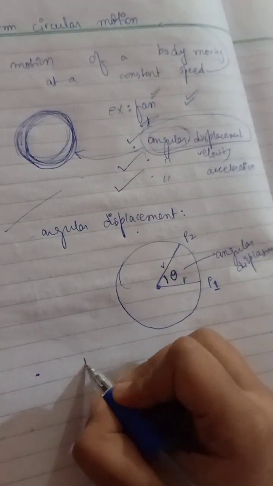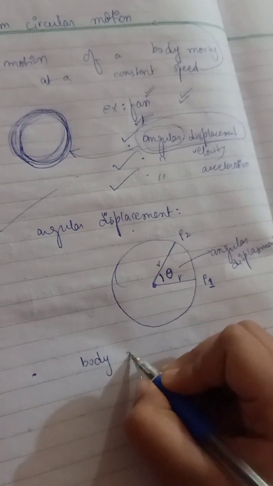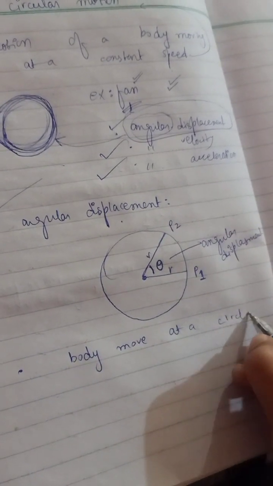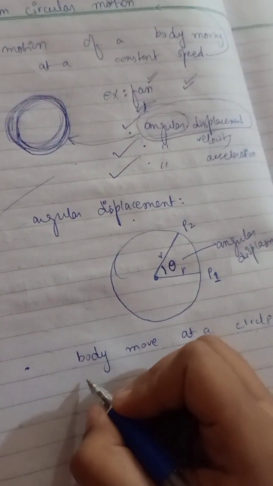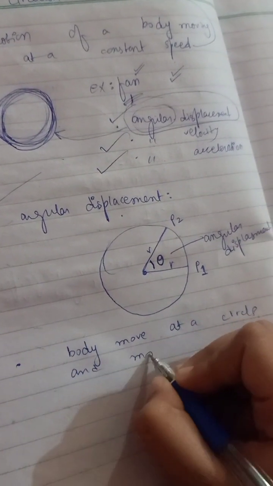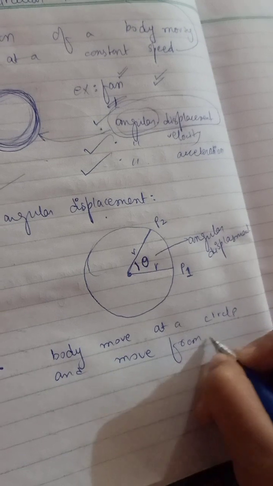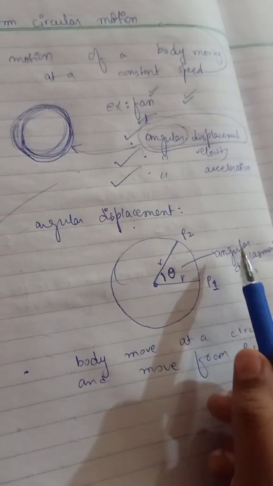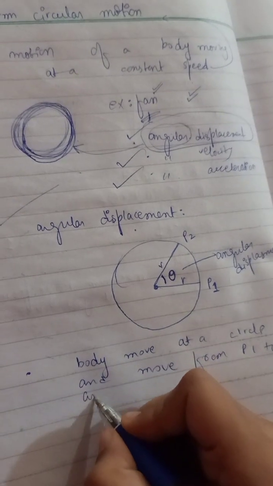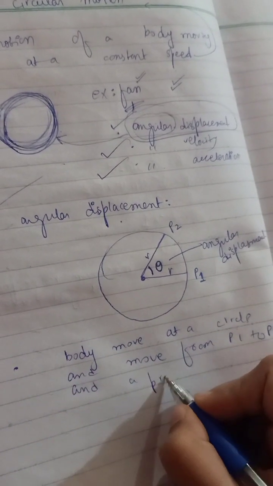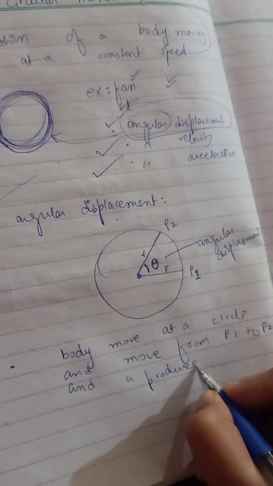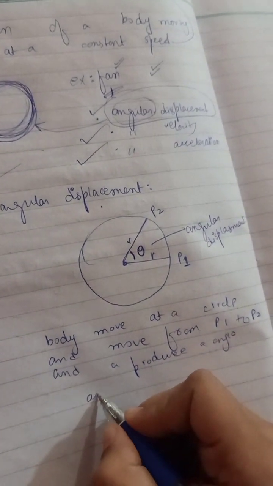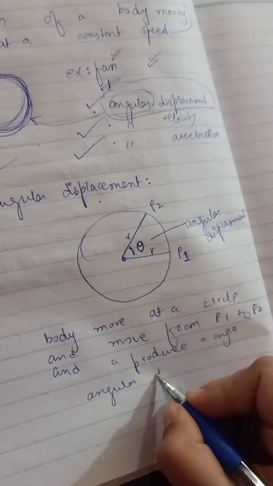A body moves in a circle from position 1 to position 2 and produces an angle; that angle is called the angular displacement.